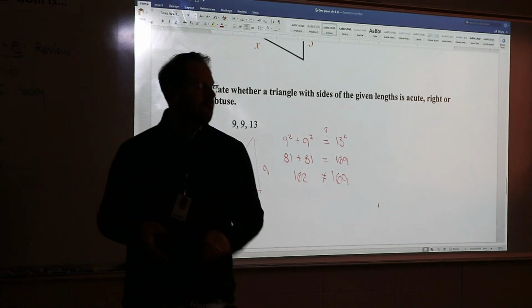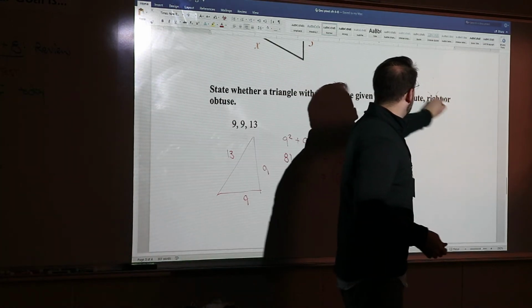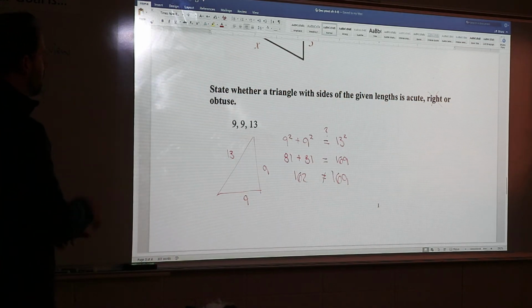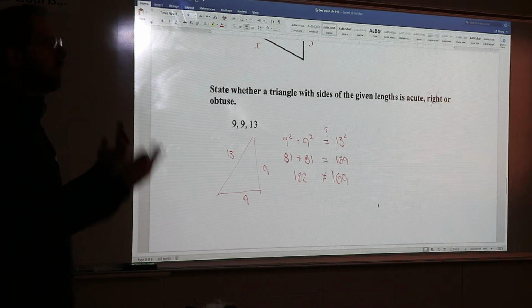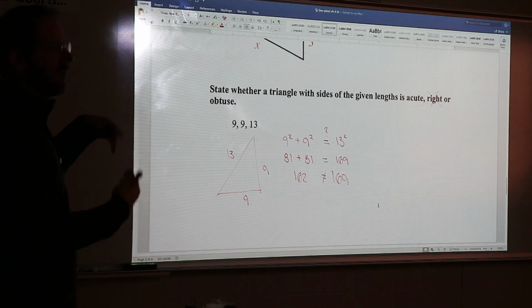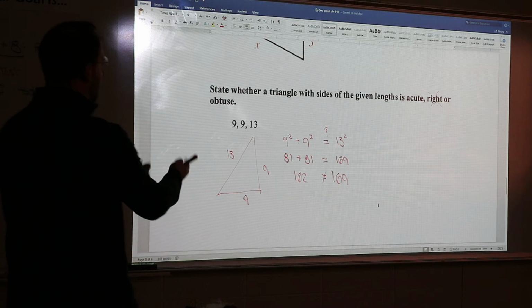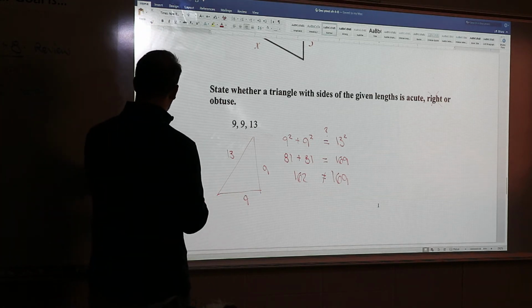They're not equal, so it's definitely not a right triangle. If they're equal, then it would be a right triangle, like when you do the Pythagorean Theorem. But again, I would not be doing this math if my first test that I did earlier, where you add two walls, they should always be bigger than the third wall. I would not be doing this check unless I knew it was a triangle in the first place. Because one of the questions I got the last couple days in here was, what if this is your problem?